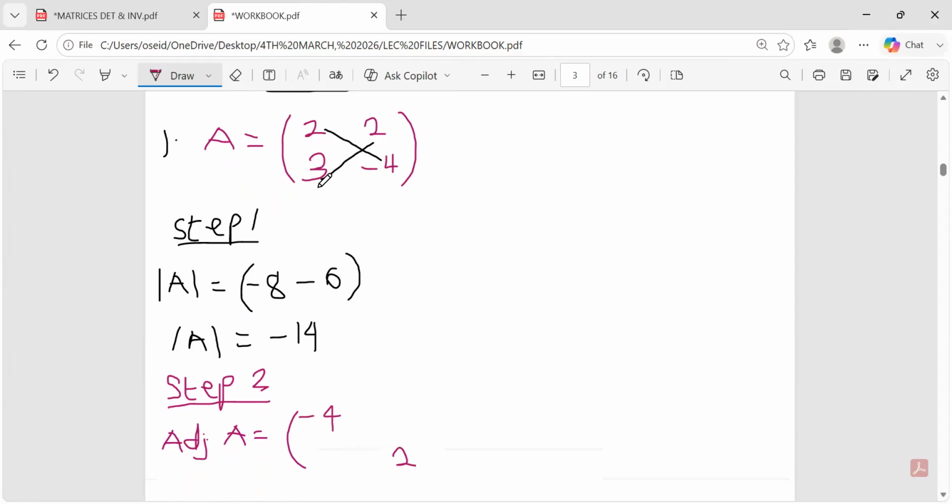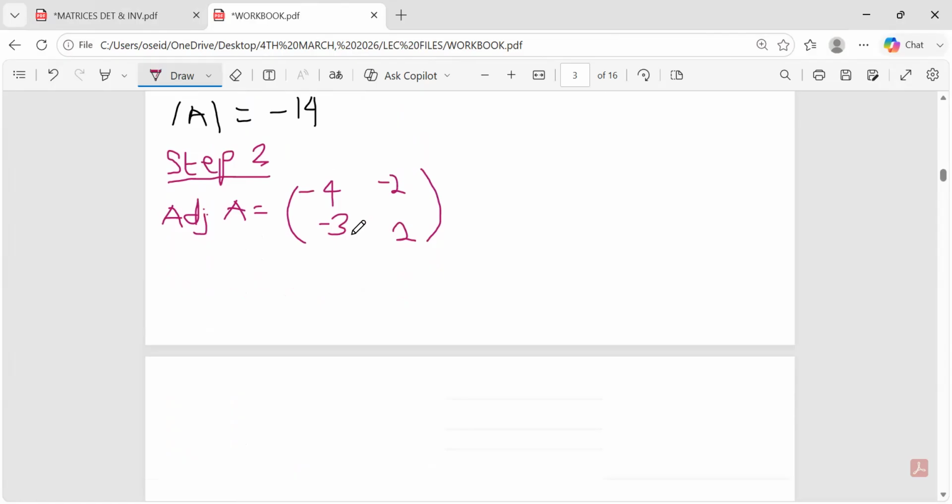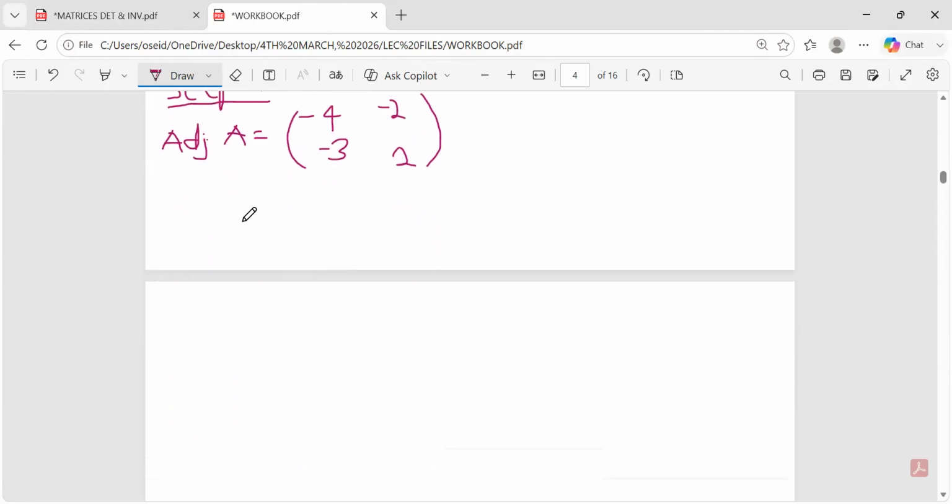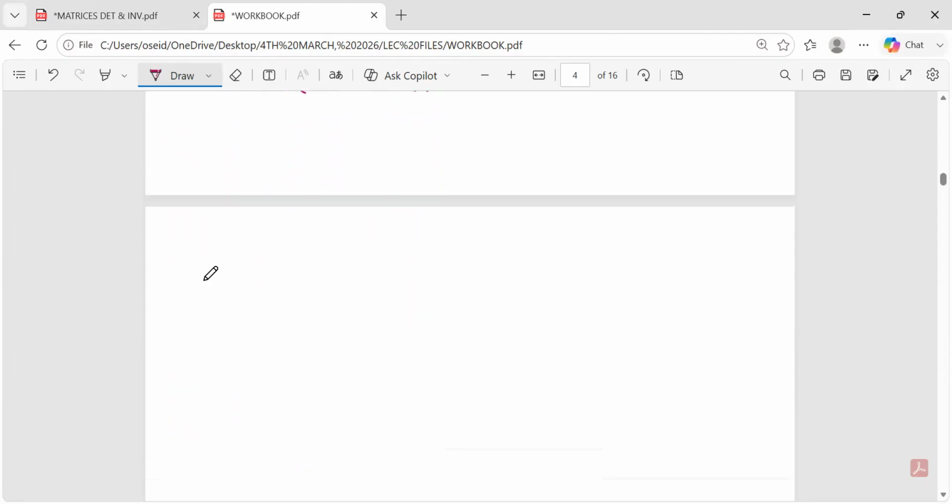Then we negate the other diagonal, so we get negative 2, negative 3. Since this is a 2 by 2 matrix, we are not going to find the cofactor nor the transpose. So we just insert it into the inverse formula.